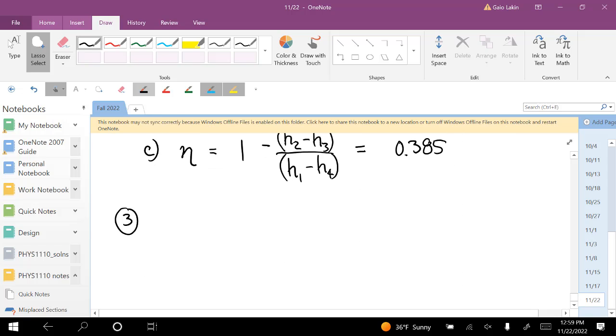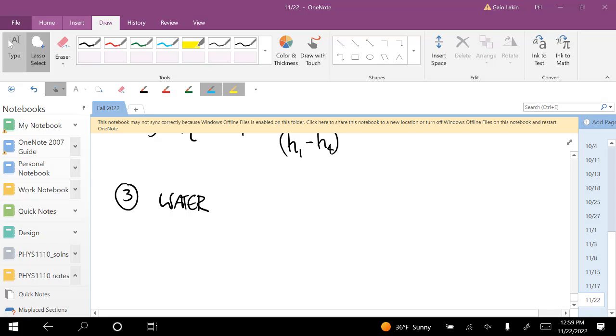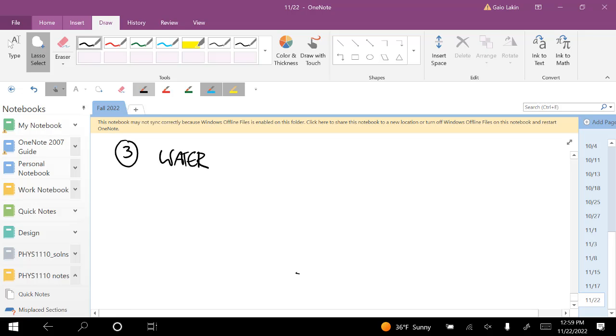And now number 3, this is water again. It's an ideal Rankine cycle again. I'm going to do this first this time. So here's the temperature entropy diagram.